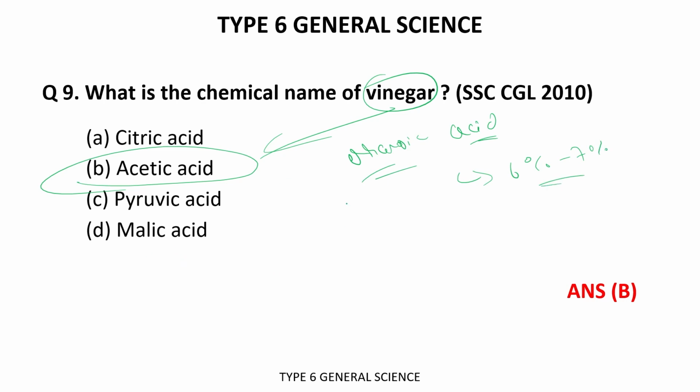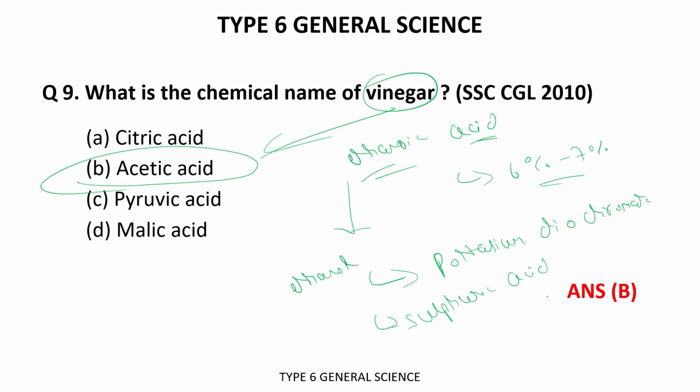And if we talk about ethanoic acid, then it is prepared by the ethanol reaction with potassium dichromate and sulfuric acid. Okay, in which the potassium dichromate plays the role of oxidizing agent. Okay, and sulfuric acid basically acidifies the solution.